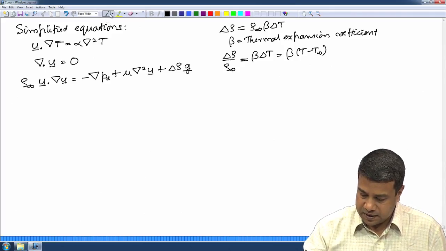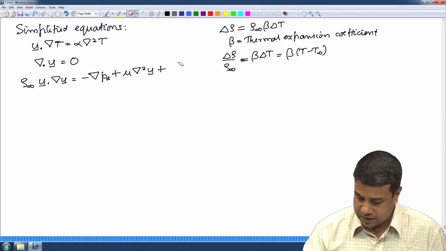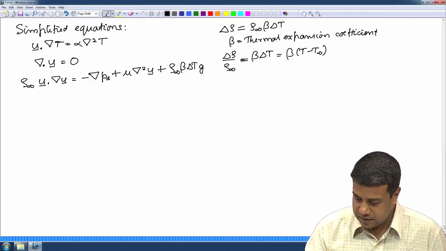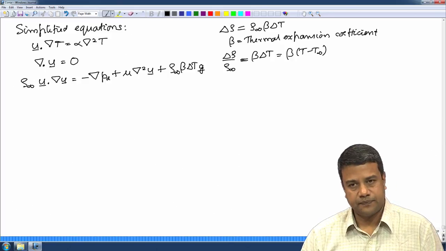So, with this linear approximation, you can write the equation with rho infinity beta delta T times g, where delta T is T minus T infinity.